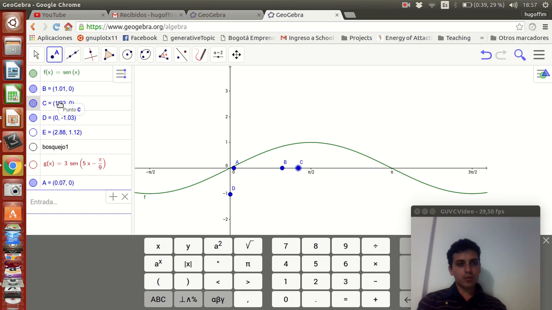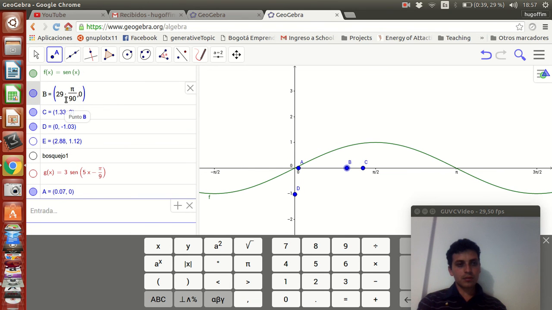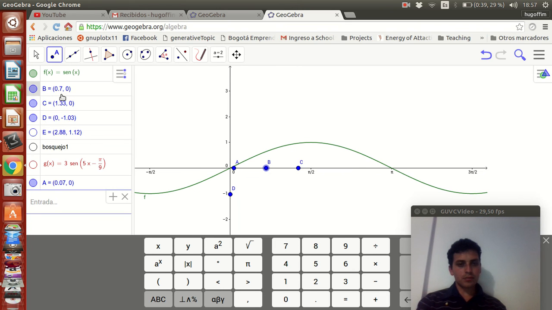Okay, there's something weird here. Pi divided by 45. I wrote 29, sorry. It's 2 ninths. Okay, now that's it.